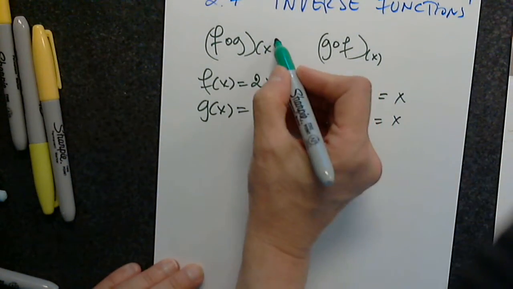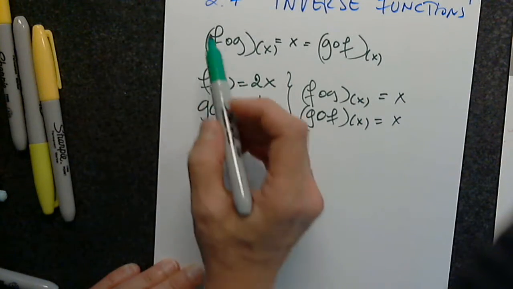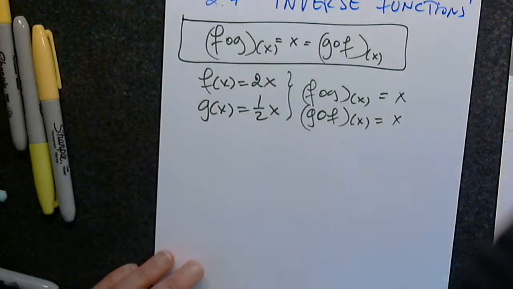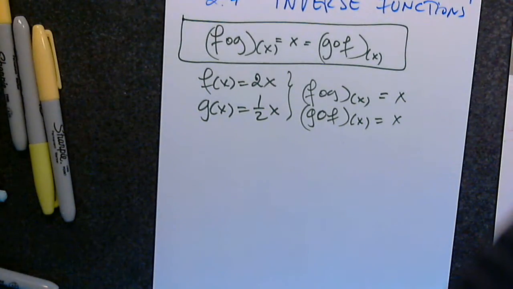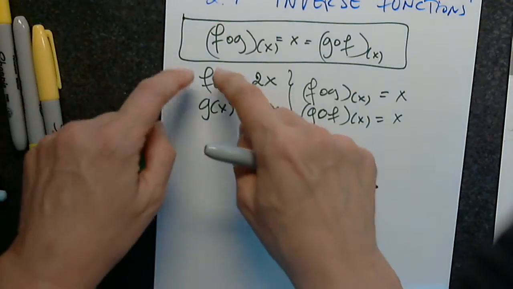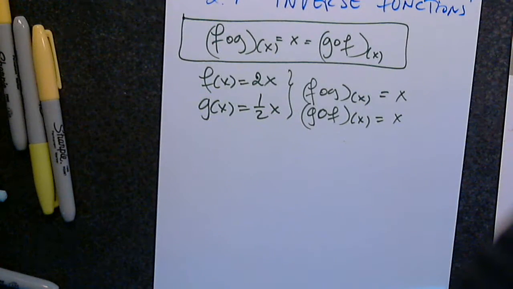So this is the important property here: if the function composition of any two functions in any direction, apply the inner first and then the outer, or apply the outer and then the inner, if it happens that both equal x, f and g must be inverses of each other. And this is the only way.